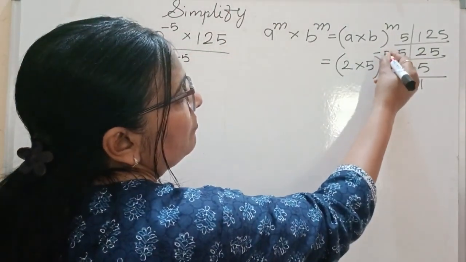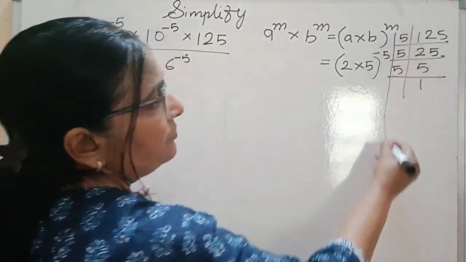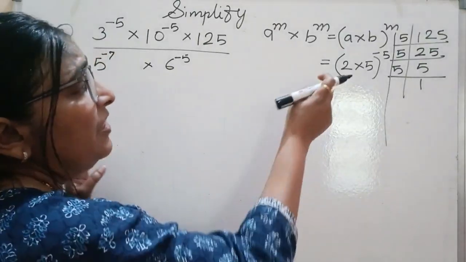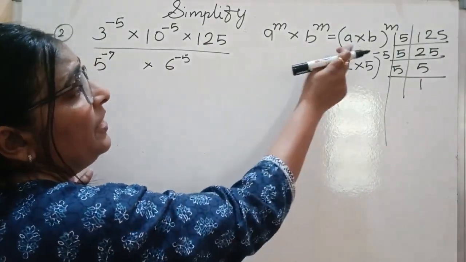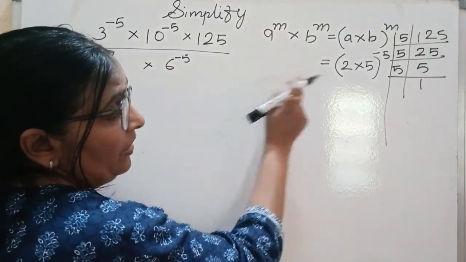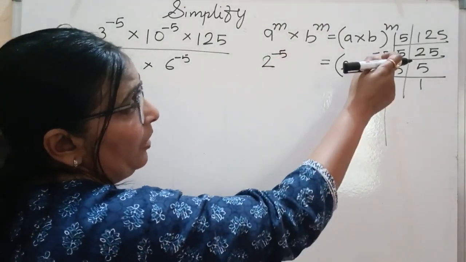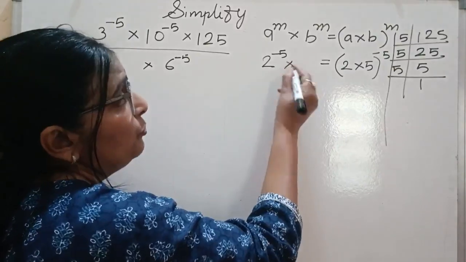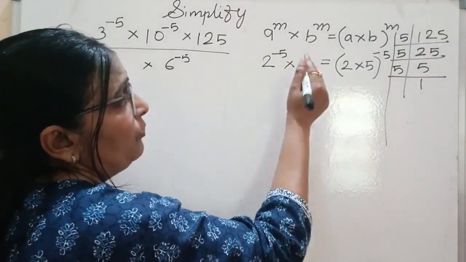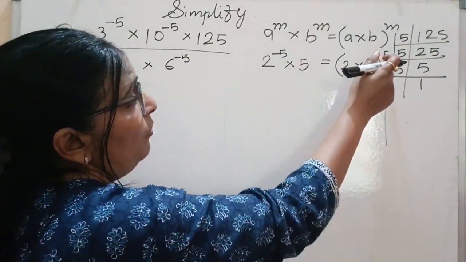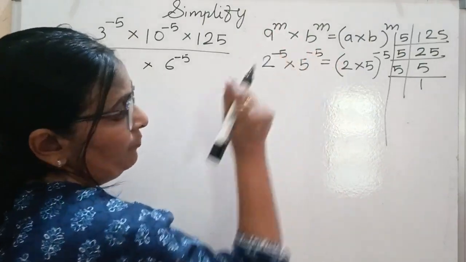Minus 5. Okay. That time how you are writing? Here a raised to m you are writing. That means you will write here 2 raised to minus 5. Your m is minus 5 into, what is your b? 5. Therefore 5 raised to minus 5.